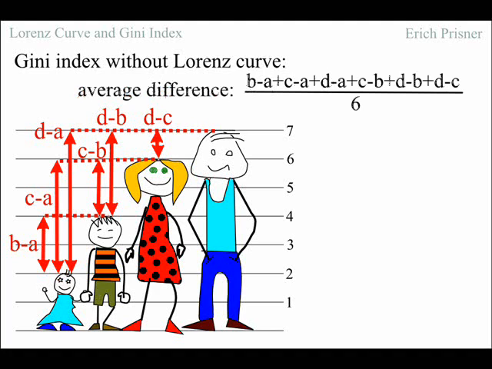The average of these 6 differences can be written this way and can be simplified, so what we get is negative 3a minus b plus c plus 3d divided by 6.